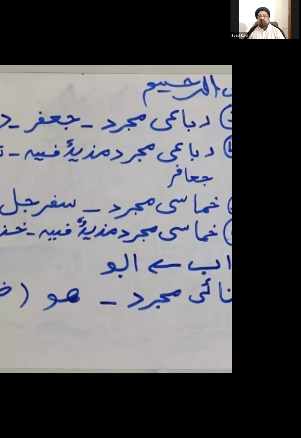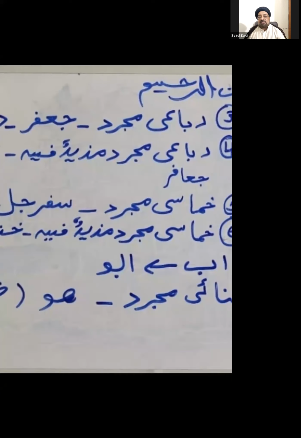If you find a 5-letter word, khumasi mujarrad or khumasi mujarrad fi, you should know that it can never be a fi'l. It is only ism. Why? Because you do not have a word that is a 5-letter word and a fi'l. So I'd like you to note that down, please.